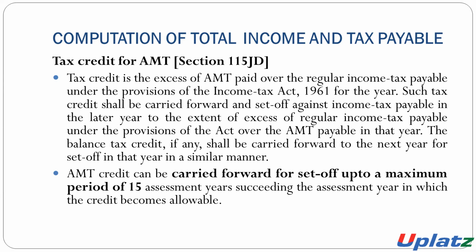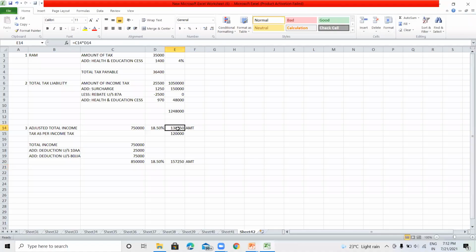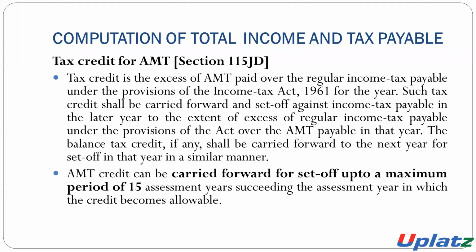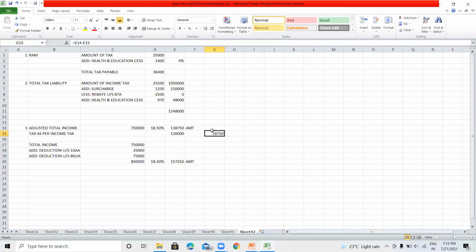That means as per this provision the excess amount will be 1,38,750 minus 1,20,000, which is 18,750. 18,750 is the amount of excess of AMT. Tax credit is available in respect of such amount.